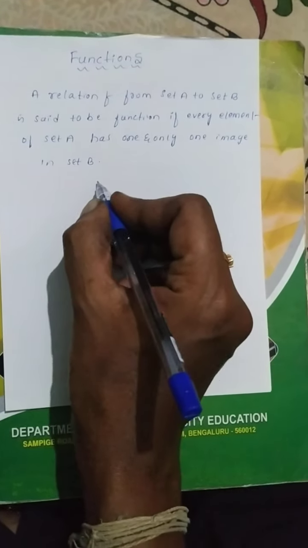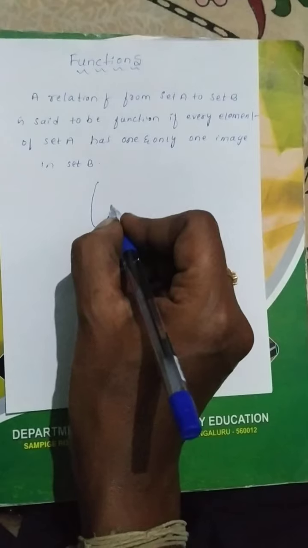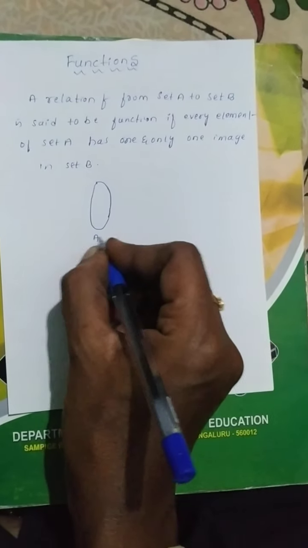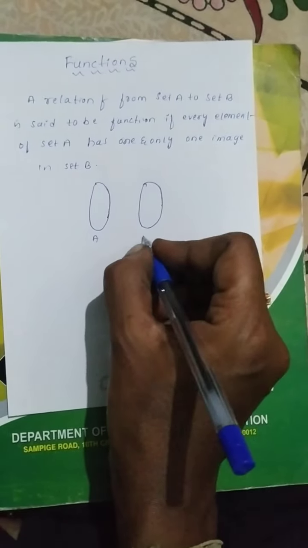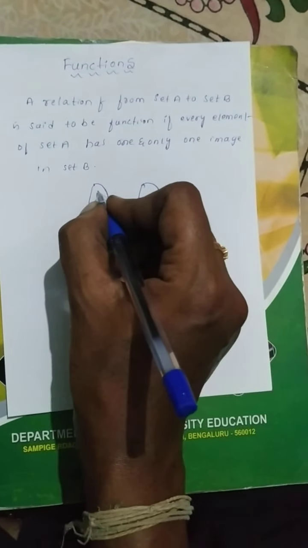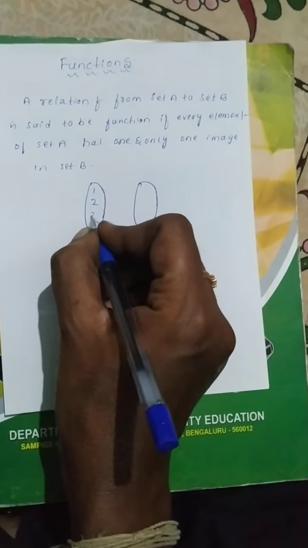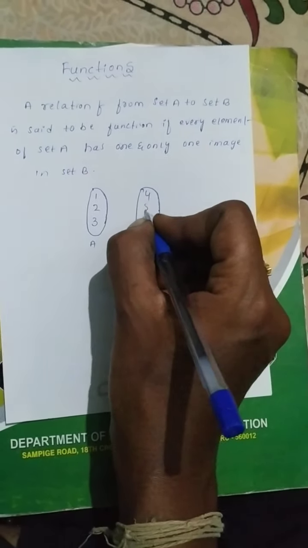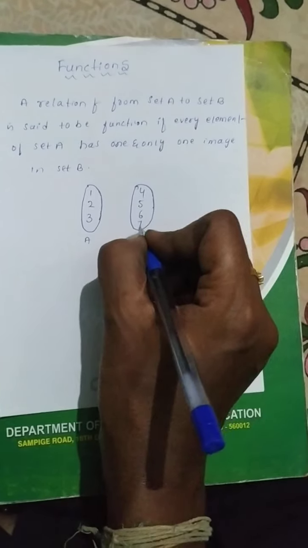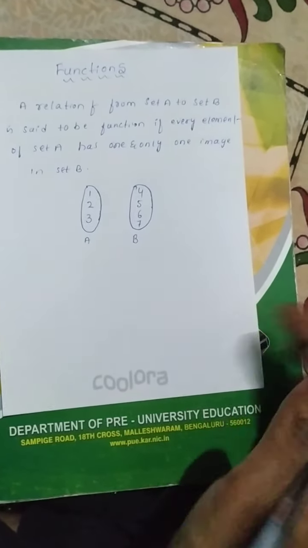Okay, so here is set A, and this is set B. Here are the elements like 1, 2, 3, and here I'll take 4, 5, 6, 7, some numbers like this.